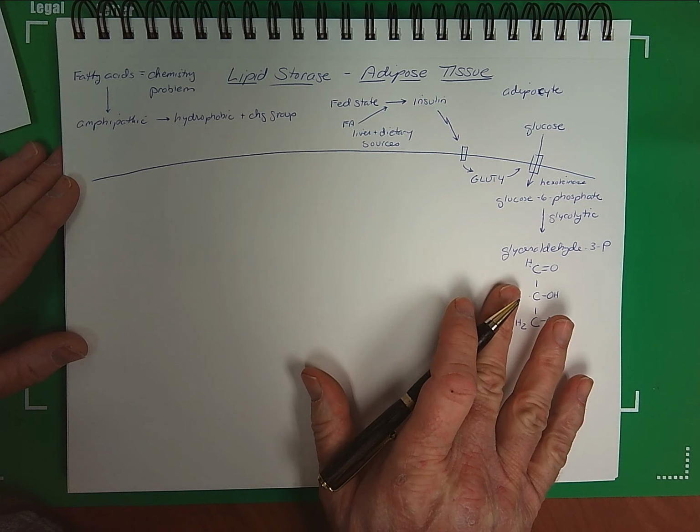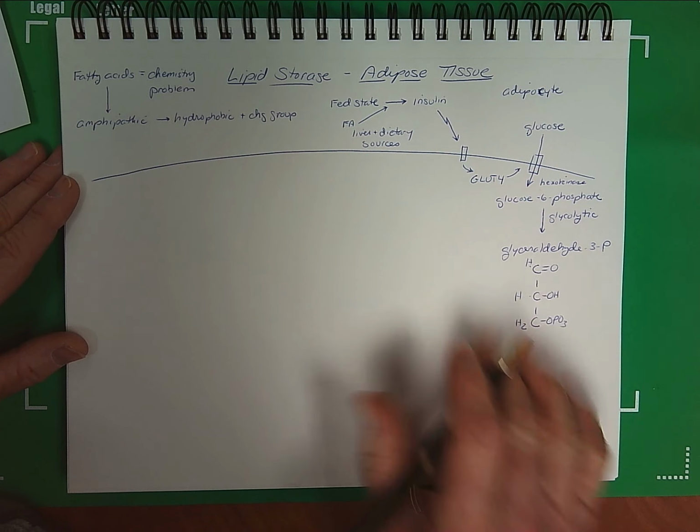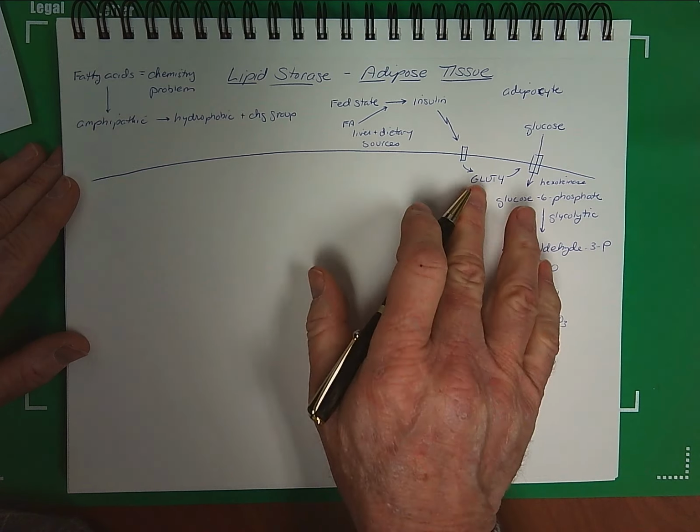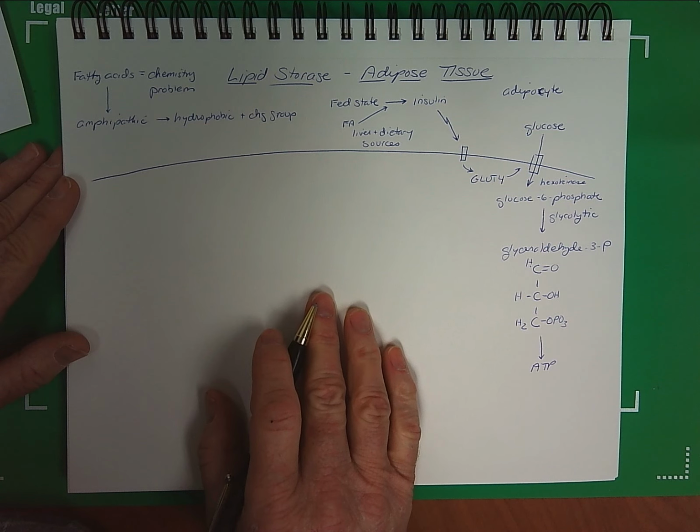Now the purpose of glyceraldehyde 3-phosphate in this reaction, there's two fates for this, of course. This can go on to produce energy for the adipocyte, again, for its normal cellular functions.